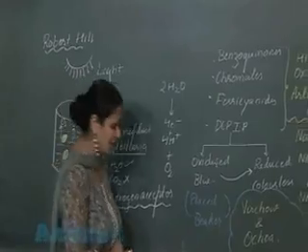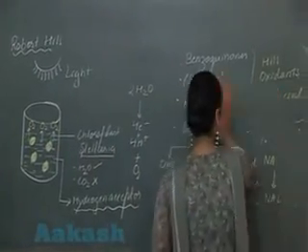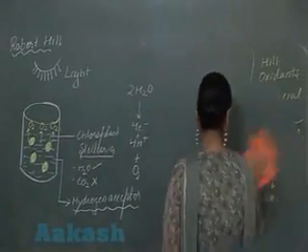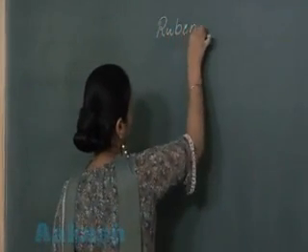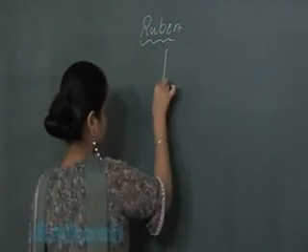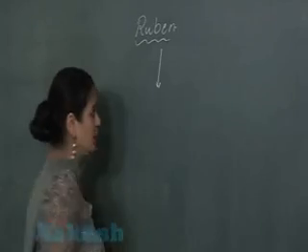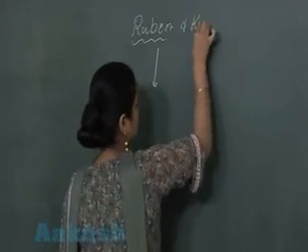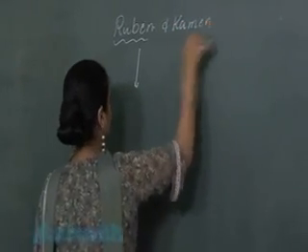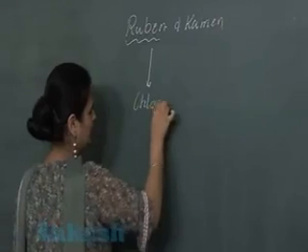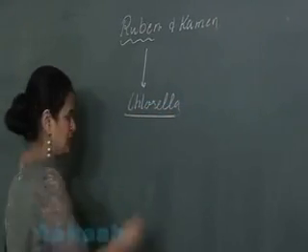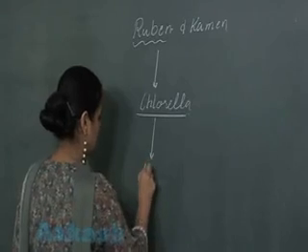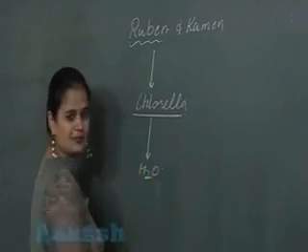So after dealing with the Hill experiment, now I will be starting with the next one, which was performed by Rubin and Kamen. So now the experiment performed by Rubin and Kamen. Now Rubin and Kamen, they took chlorella, that is a unicellular green alga. Suspension of chlorella was taken in water, right?